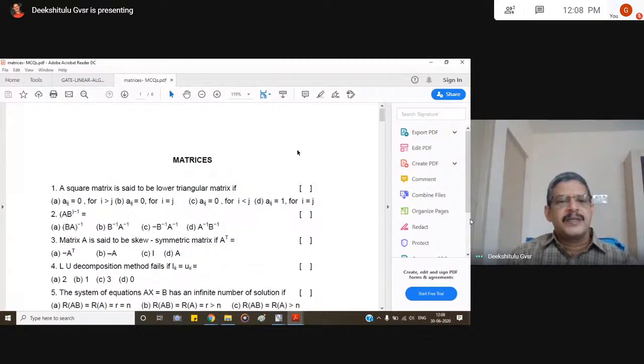A square matrix is said to be lower triangular matrix if, you understand lower triangular matrix. We have seen LU decomposition L. What is the structure of L?